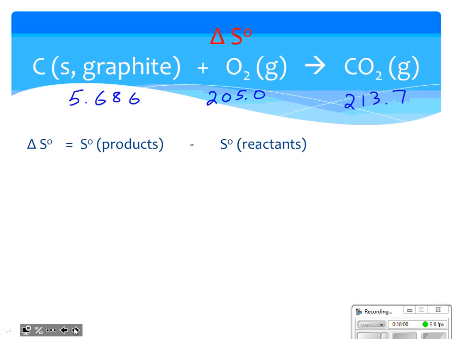Well, now I have actual values, so I'm going to have to do the math. So I'm going to take 213.7, and from that I'm going to subtract. Now remember that I don't have any coefficients in front. So I do not have to multiply those values by anything. But if I would have coefficients, I would have to multiply them through, like we did before for entropy.